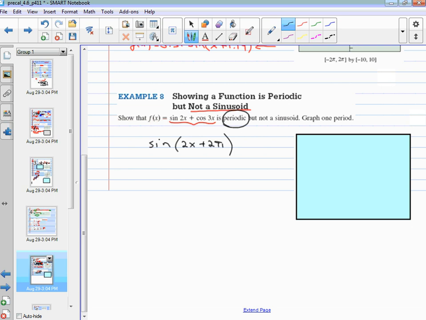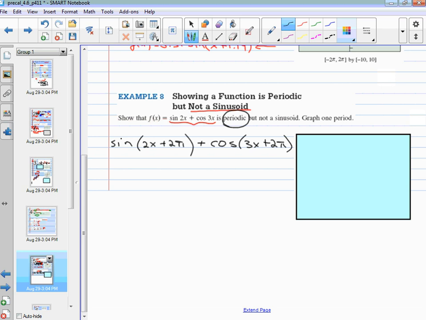As long as I can add something to the original and I get the same answer when I simplify it, then it is periodic. Now, I don't know if the period is 2 pi, but that's the one we pick because we know that sine and cosine are periodic with a period of 2 pi. 3x plus 2 pi.